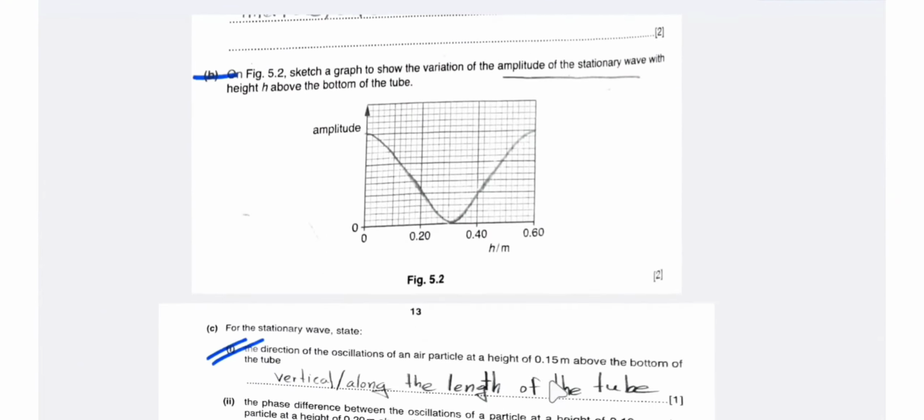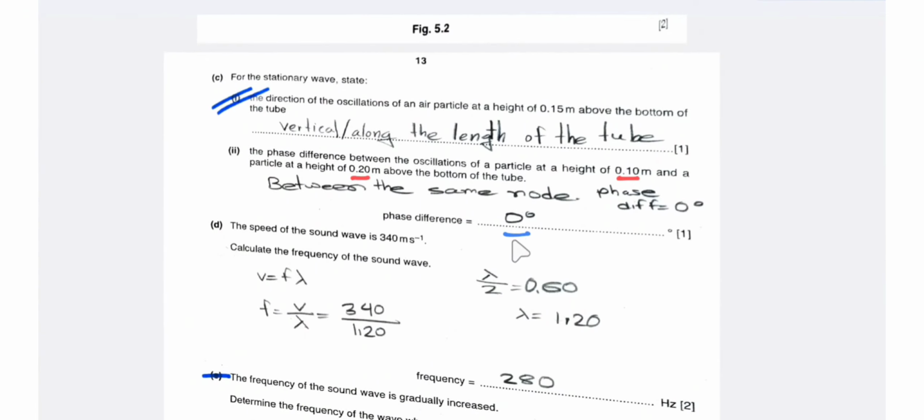But if the points are separated by a node, then the phase difference would be 180 degree. For now, since the particles at 0.20 and 0.10 are within the same node, the phase difference is 0 degree.